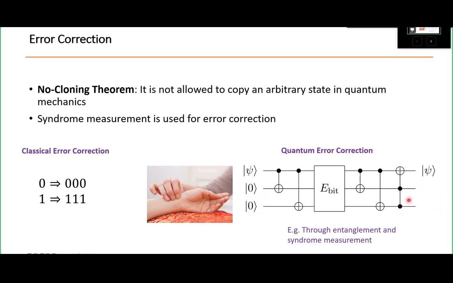And what we are going to do is measure the auxiliary bits, which we don't care about. We are going to discard them later. And then based on the measurement, we know what happened to our qubit, whether there's a phase change or a flip. Then we apply some operation to correct it. In this whole process, we did not do any measurement on the qubit.